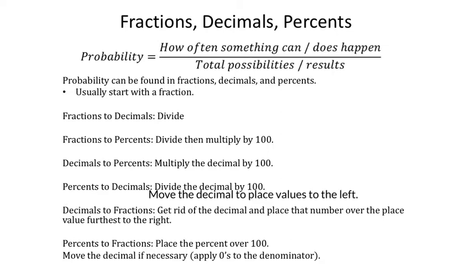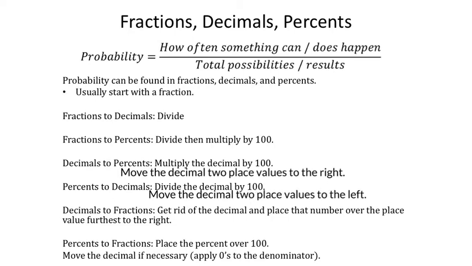And we know you could change decimals to percents. I guess we just kind of saw that one. This one is just the opposite of the next one. You could move the decimal 2 place values to the right for this one. There we go.